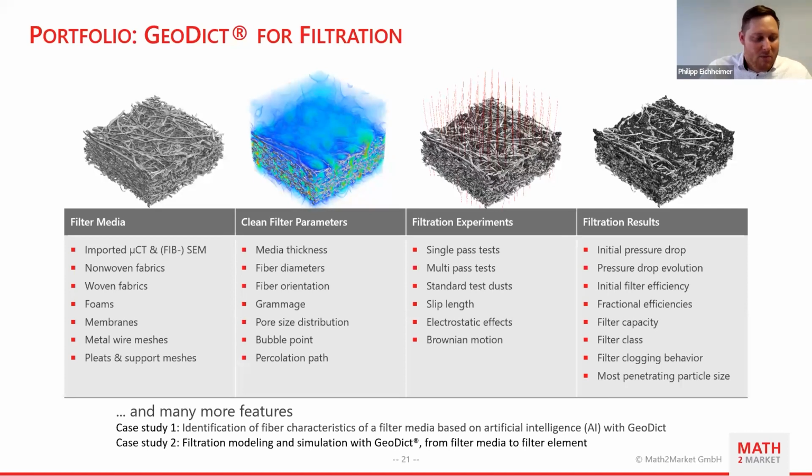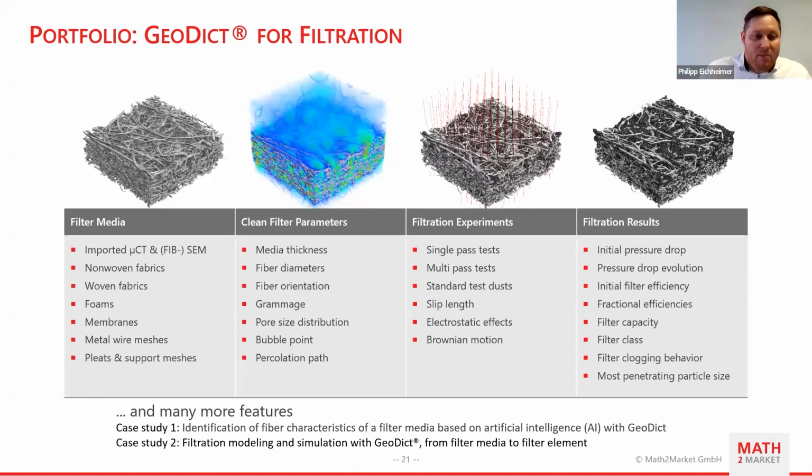We have larger scales, like pleats and support meshes. Foams are also something we can consider. When you think of DPFs, GPFs, we have granular structures, where at higher temperatures fibers are not suitable anymore. So from the modeling part, we don't have that many restrictions and have a huge variety which you can cover.